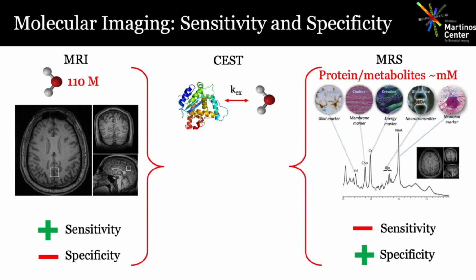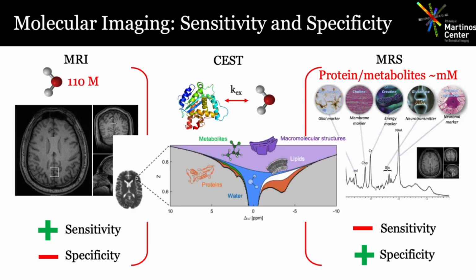So we have much higher sensitivity than spectroscopy. Now, we don't have quite the specificity of spectroscopy, but you still have certain characteristic signatures for different metabolites, for proteins, for lipids, et cetera. So it's a compromise between the sensitivity of MRI and the specificity of MRS, trying to get the best of both worlds.